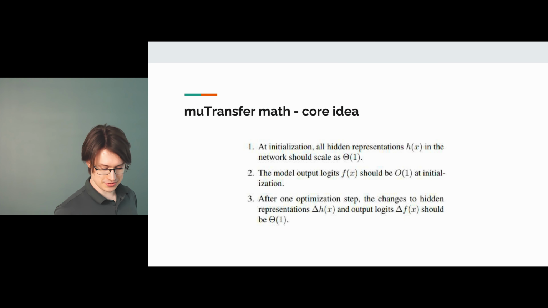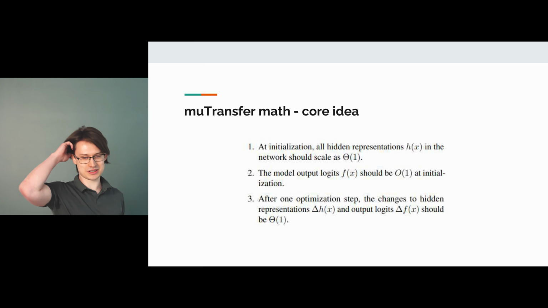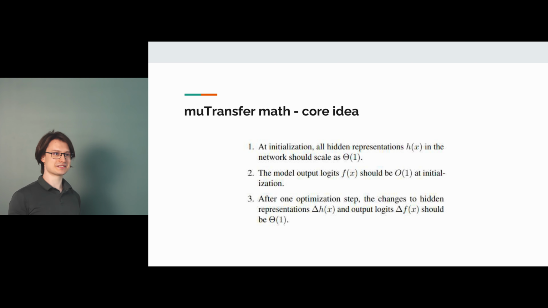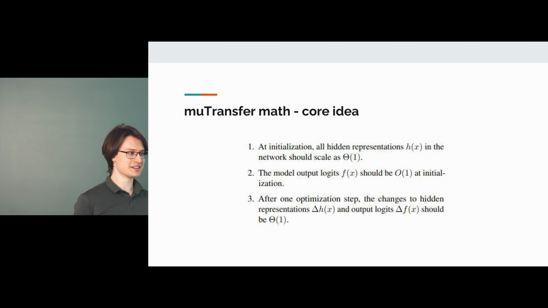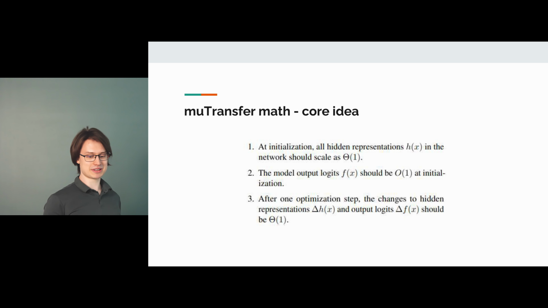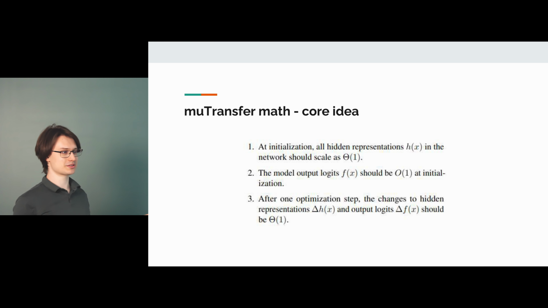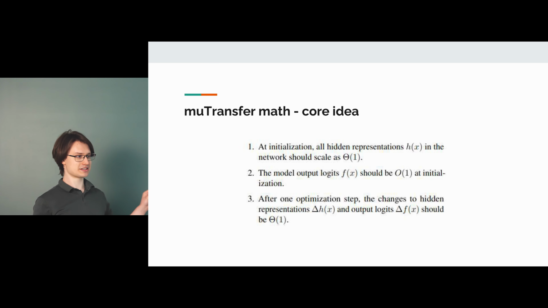So first of all, we had to implement normal muTransfer, and judging by the discussions we had with some people at conferences, it's not that easy because the papers aren't written in the most straightforward manner. But the most important part about the math that we can check for muTransfer is we want to keep the activations, the single numbers in the model, in check.